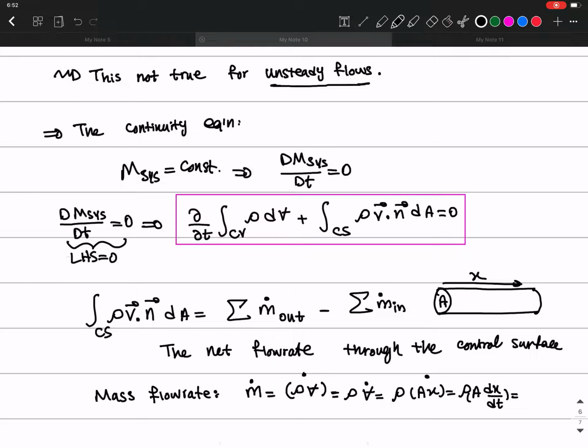And what does this equal to? This dx over dt, if you have a fluid here, is what? Is velocity, right? This is velocity.